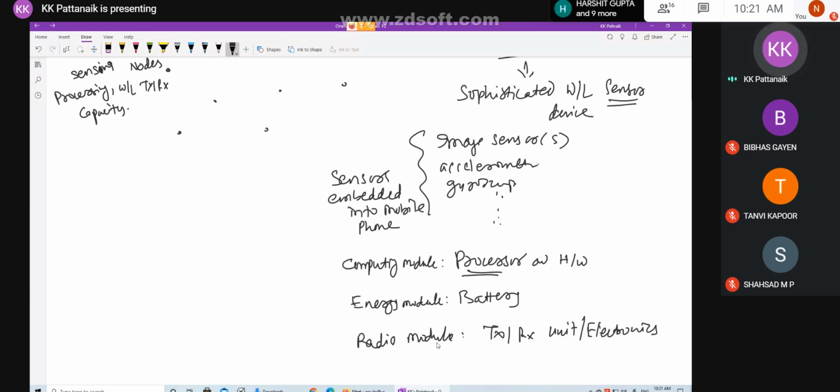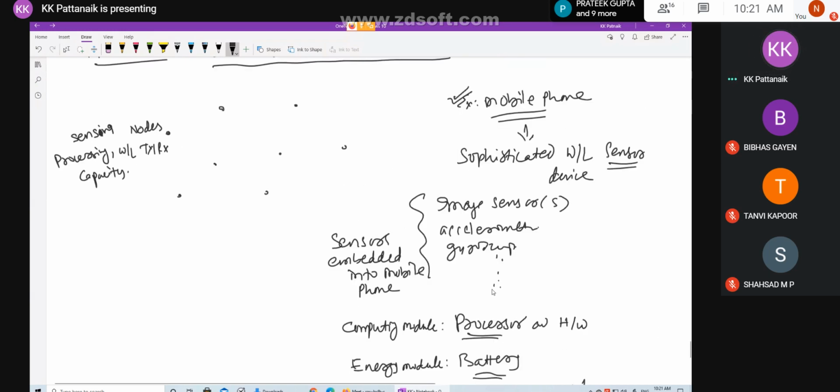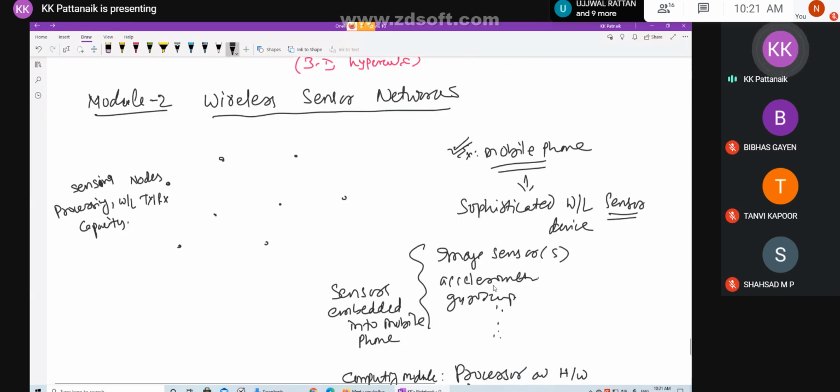If it is supposed to communicate with a remote unit, it will have a transmission and receiving unit. And to supply power to all the units, it needs an energy module, which is the battery. In this case it is a rechargeable battery, but in wireless sensor networks the batteries are usually not rechargeable.